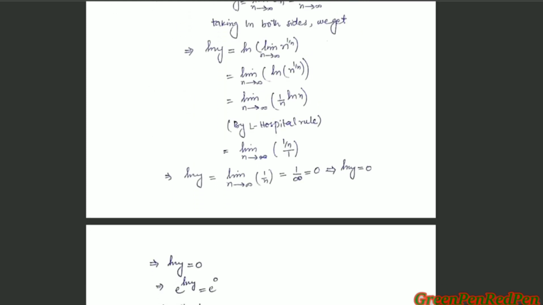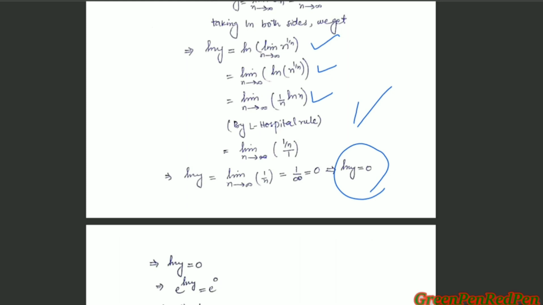We know log and limit commute, so we can write the limit first and log after, apply the log property, then apply L'Hospital's rule, and we get 1 over n. When n approaches infinity, we get log of y equal to 0.